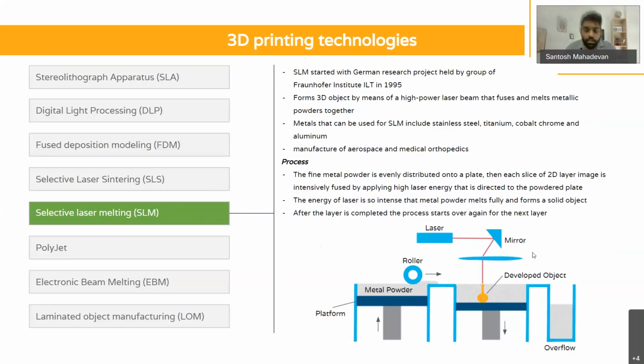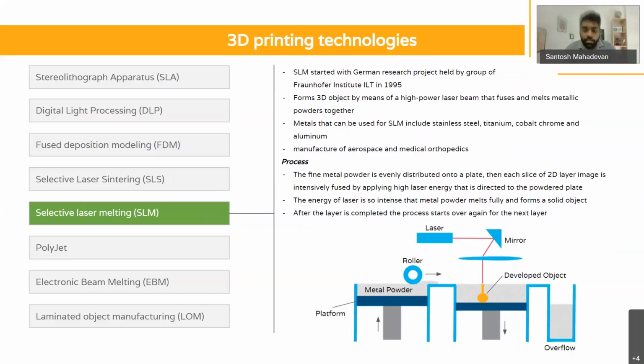Bugatti uses 3D printed brake calipers on their cars. These are completely done by the selective laser melting method. They have a geometry which cannot be machined even with 4-axis or 5-axis CNC machines, and they are being used on production grade cars even to this day.